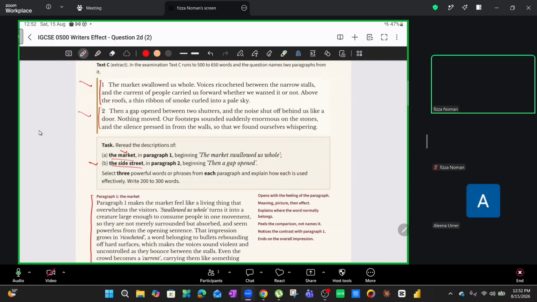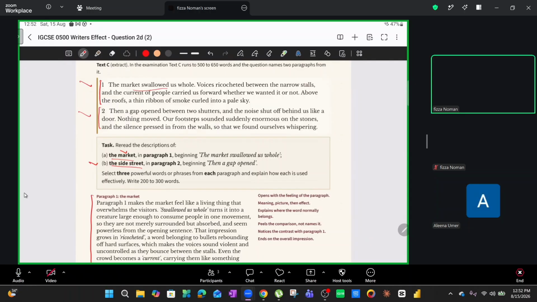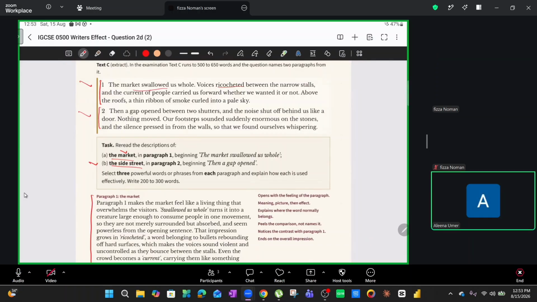Okay, so the market swallowed. That would be it as well, right? Yes. Ricocheted. Okay, so that would be it. Then ricochet. Then could we say the current of people? Yeah. Maybe. Okay, let's see.